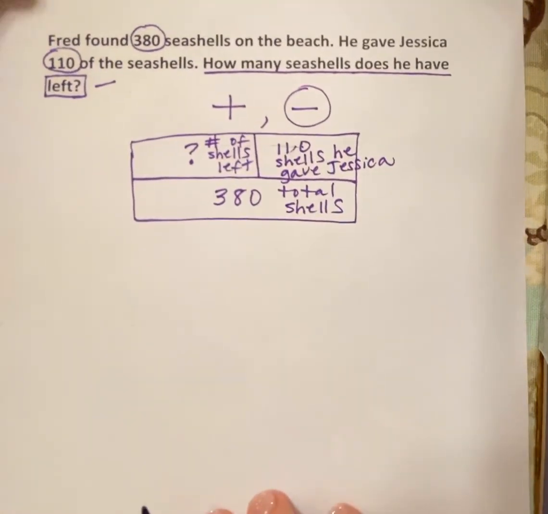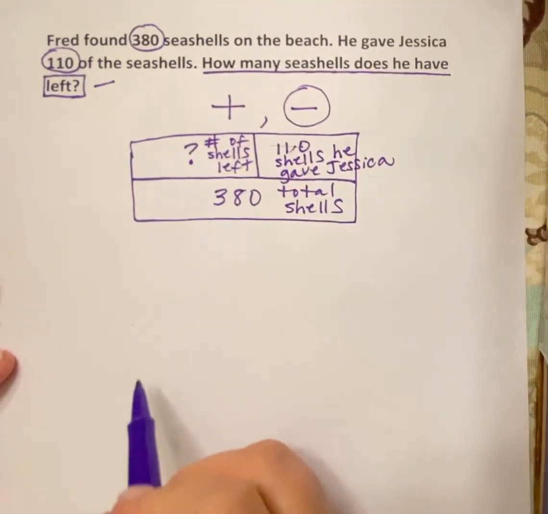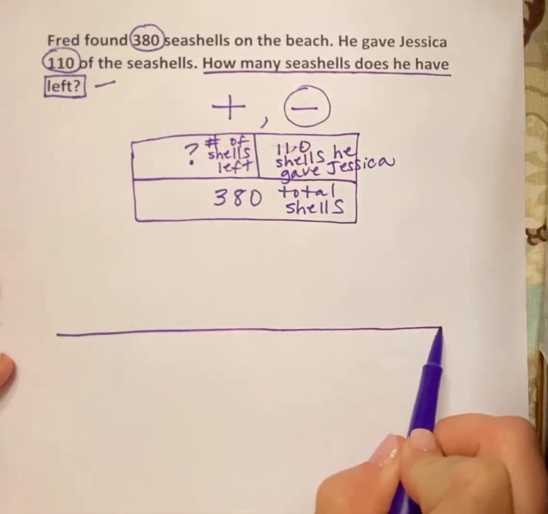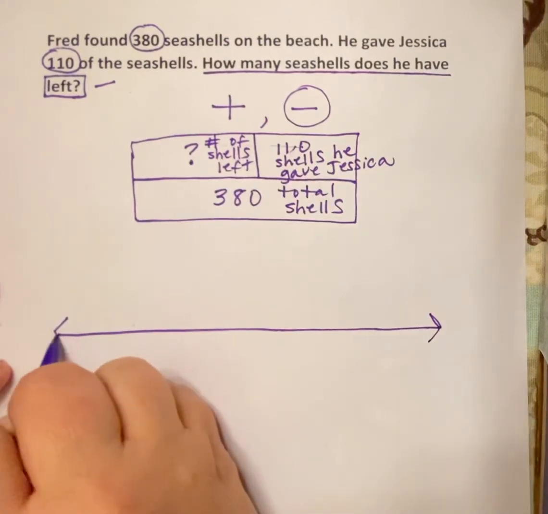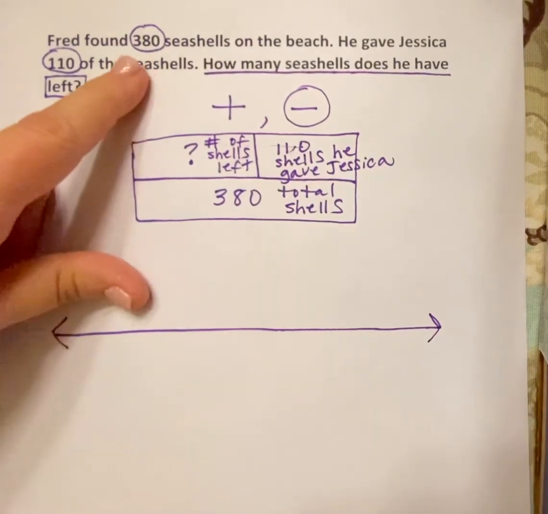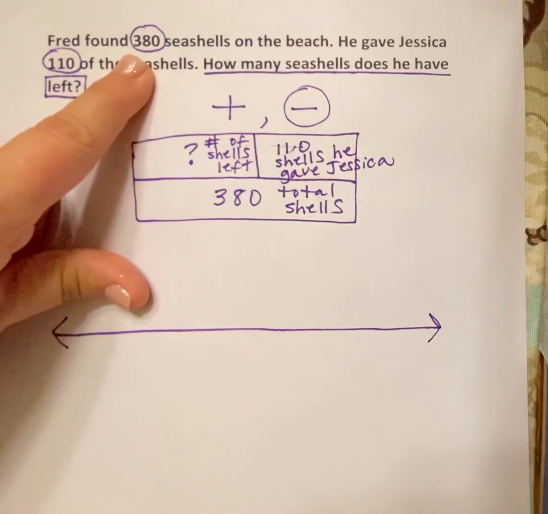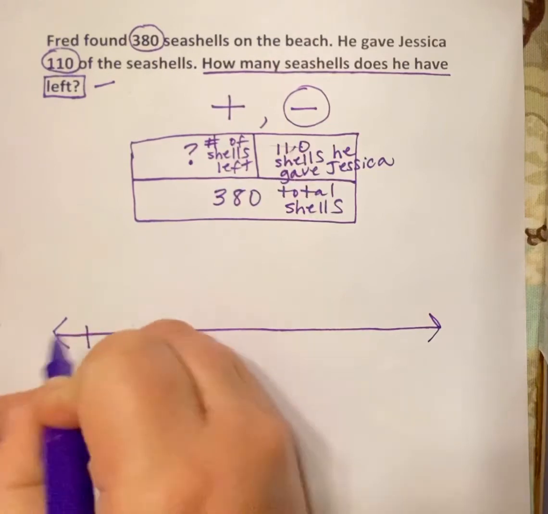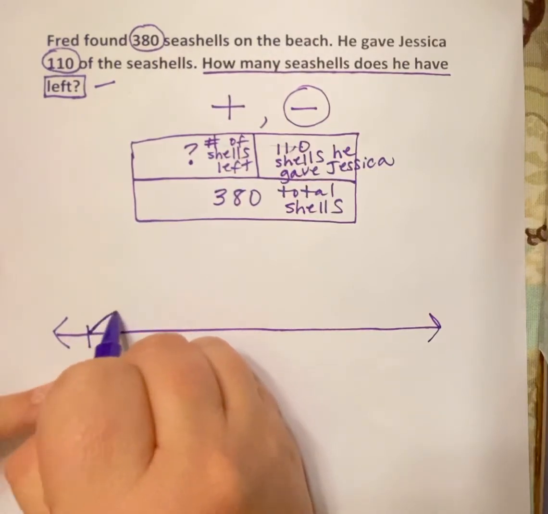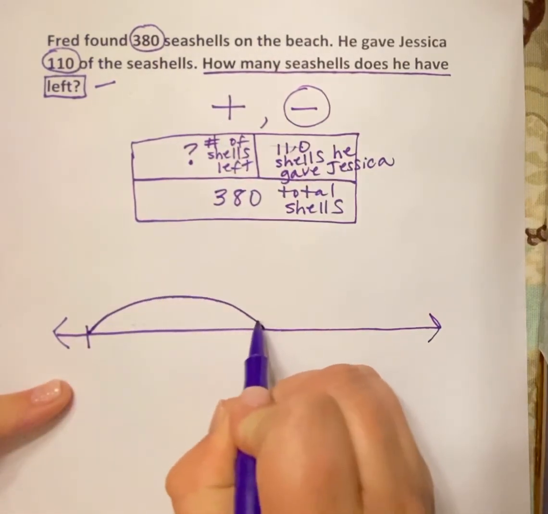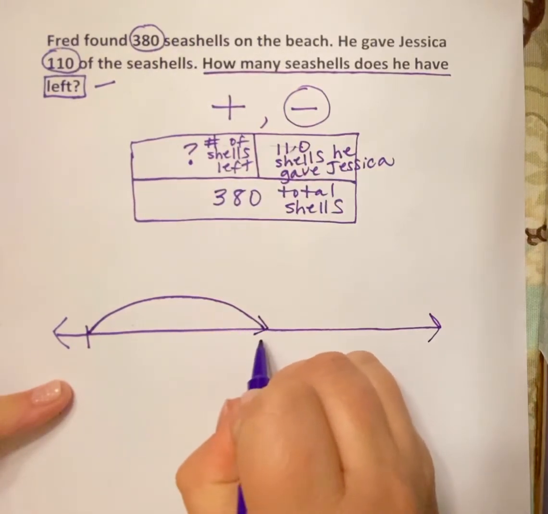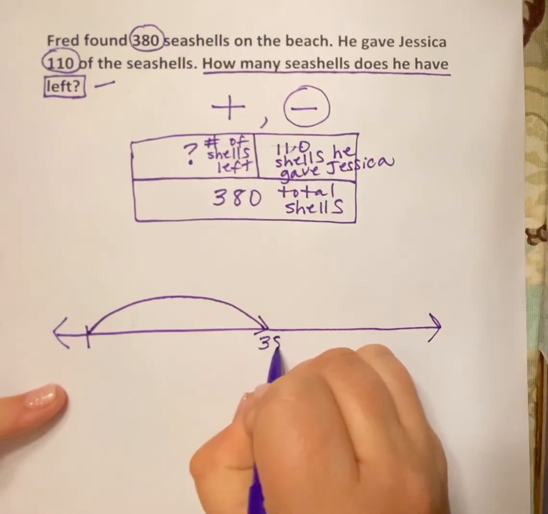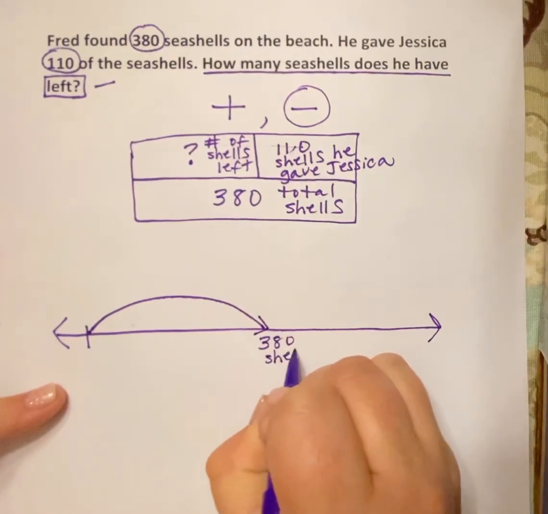Now, since we're learning about number lines, I'm going to draw our number line. I know that Fred found 380, so I'm going to start and jump forward 380 shells. I'm going to write that, 380 shells.